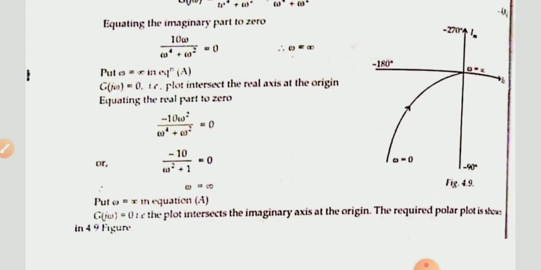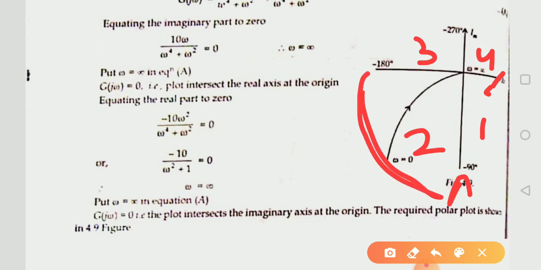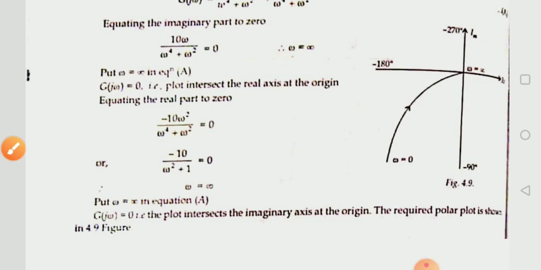Type 1 means type 0 is here and type 1 is here, so these are correct. And order 2: this is first order, this is second order, this is third, this is fourth, so it lies between type 1 and type 2, and the direction for this is like that. I also explained direction in the previous lecture. Okay, so this is our polar plot for this equation.